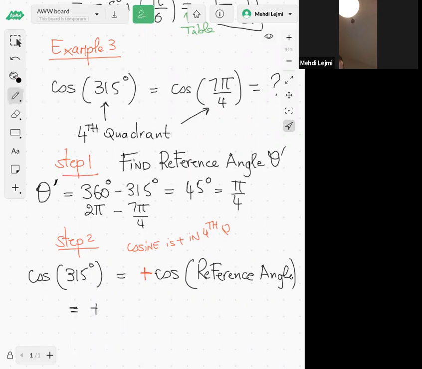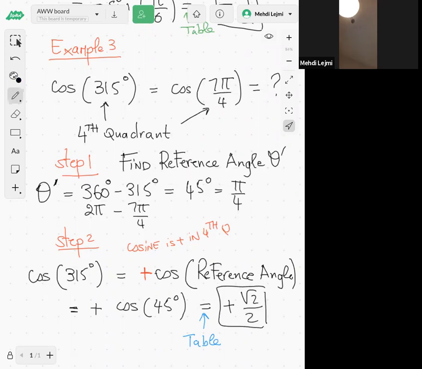If you check the table, cosine of 45 is just square root of 2 over 2. So plus square root of 2 over 2, and that'll be the answer.